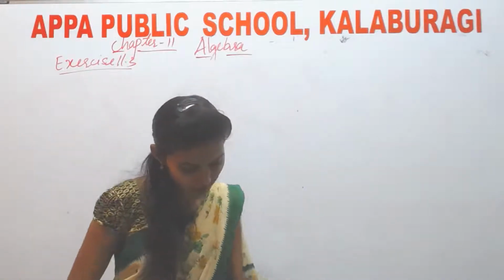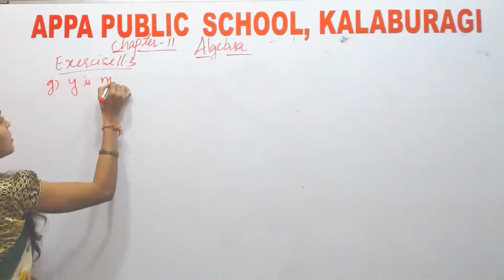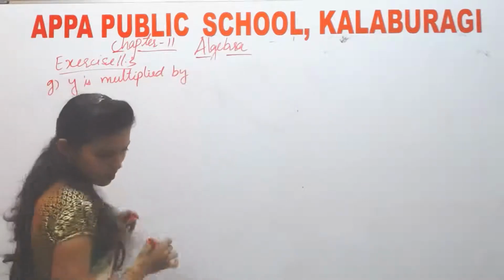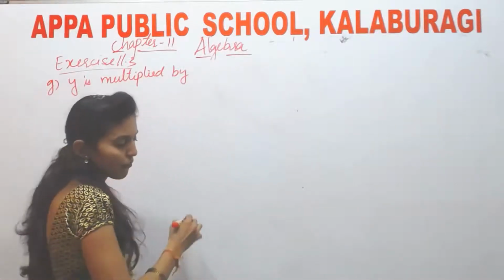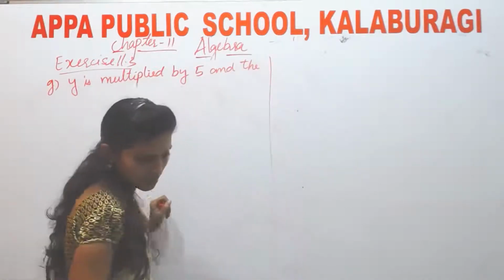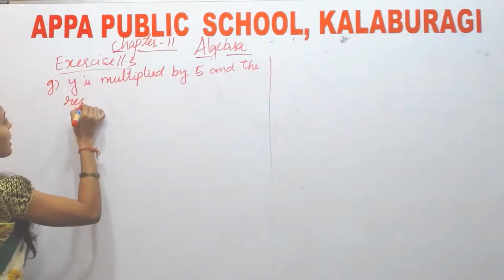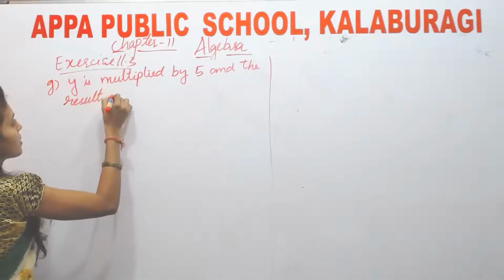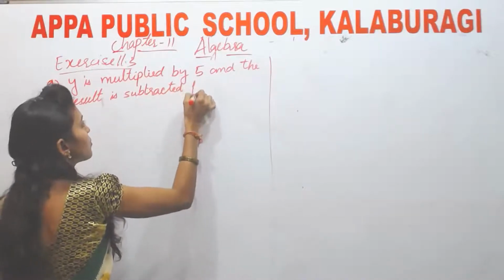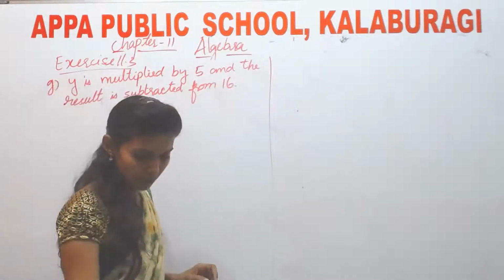Okay, come on. G1. Y is multiplied by 5, and the result is subtracted from 16.